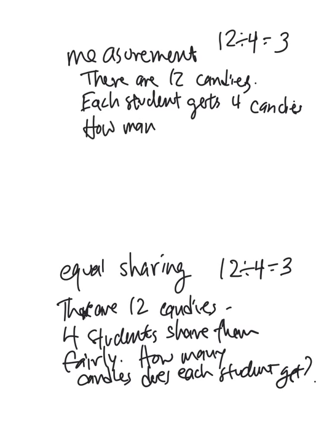The question now, if each student gets 4 candies, is how many students get candy. We know that the students get 4 pieces. What we don't know is how many students get candy.